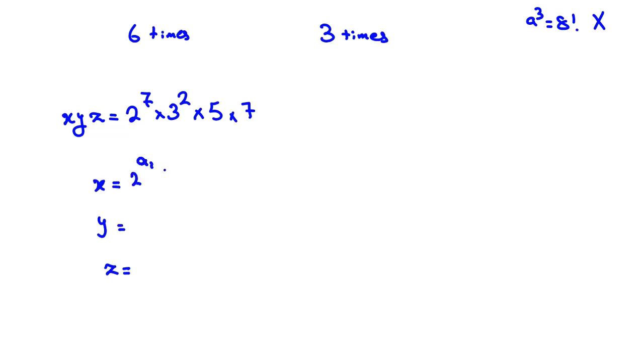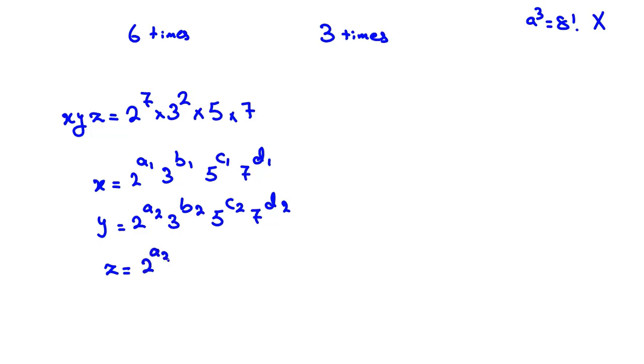Here we can say x is 2 to the a1, 3 to the b1, 5 to the c1, 7 to the d1. y is 2 to the a2, 3 to the b2, 5 to the c2, 7 to the d2. z is 2 to the a3, 3 to the b3, 5 to the c3, and 7 to the d3.